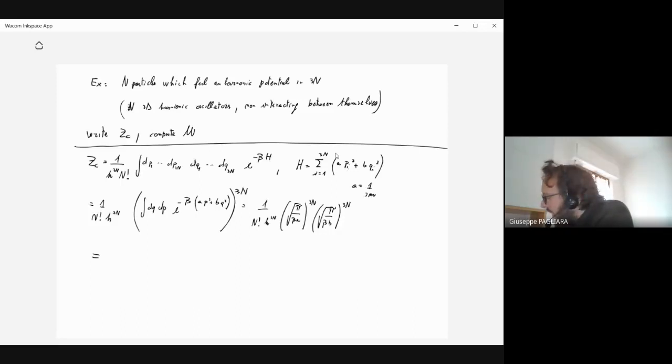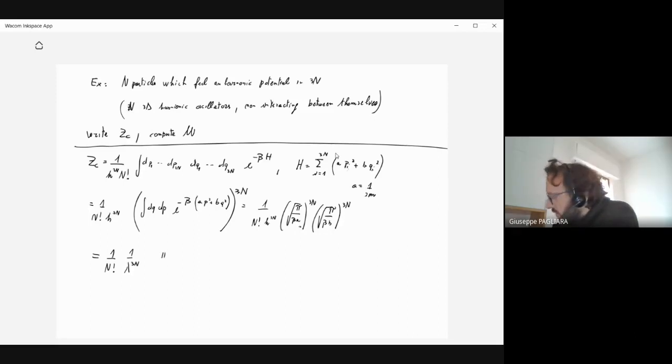Now, a is 2m. Of course, I will have a part which is basically the same as the case of free particles, and therefore I will just have a lambda to the power of 3n, a thermal de Broglie wavelength to the power of 3n, which comes from this square root.